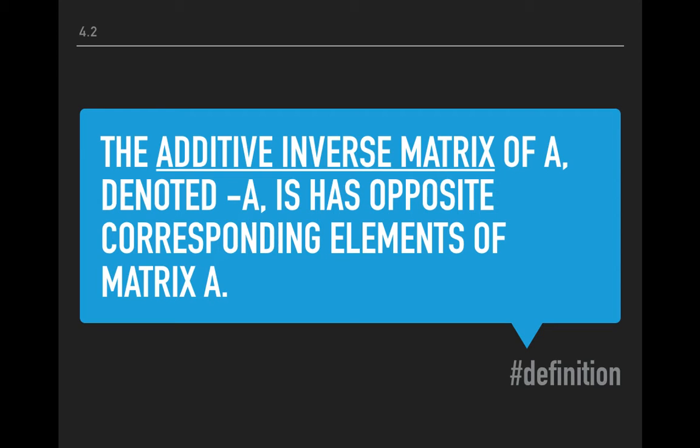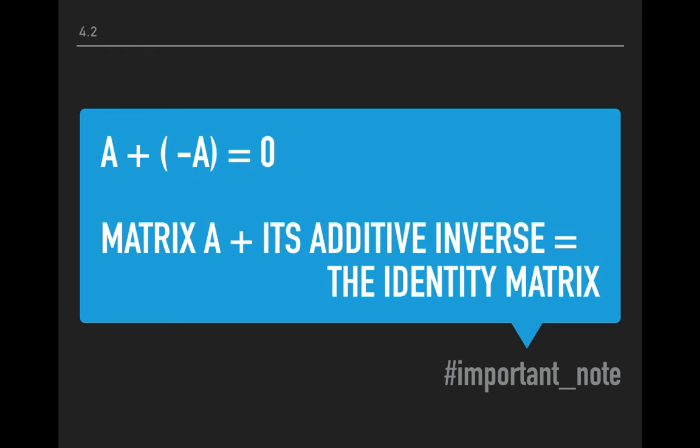Now let me put this all together for you here. If you take matrix A and you add to it the opposite of A, it's going to give you 0. We know that to be true. So matrix A plus, remember that opposite A, that is the additive inverse.